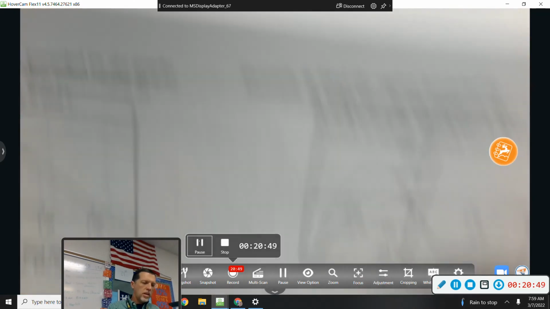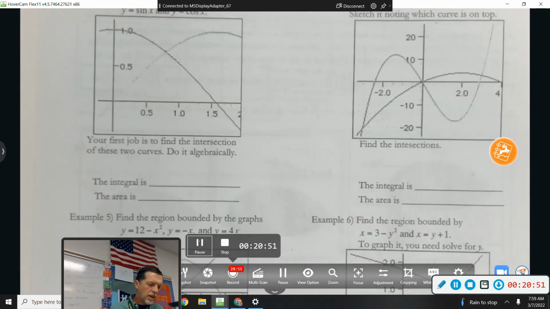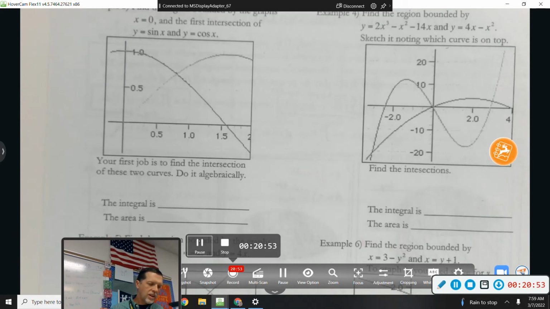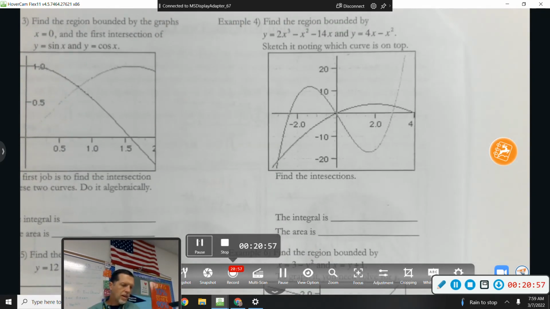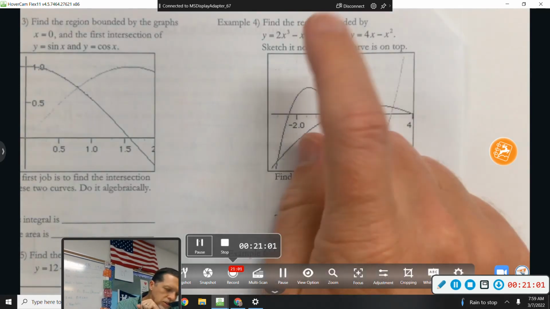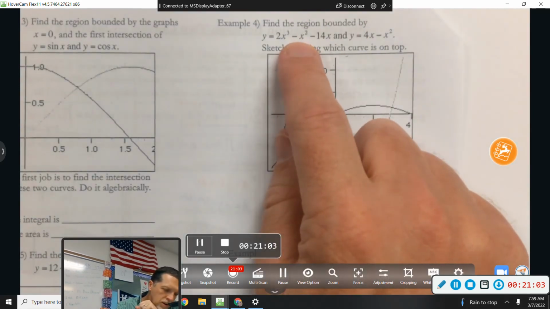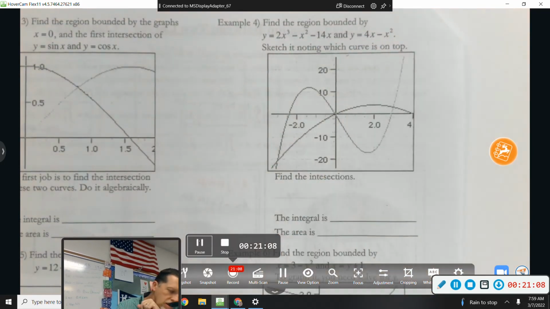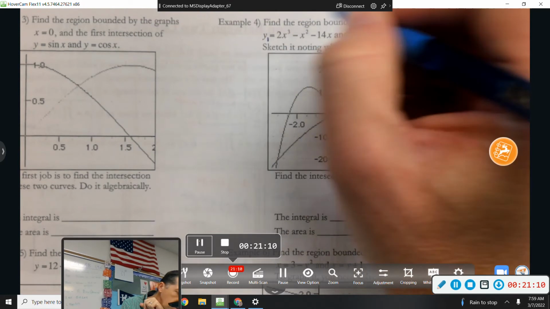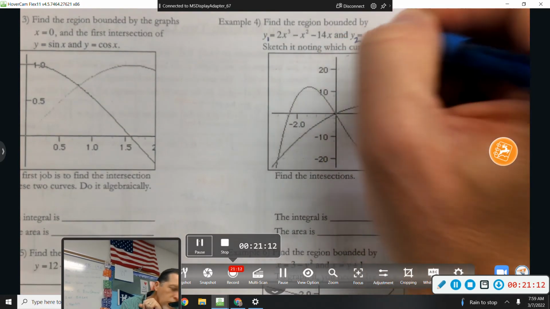We can skip example 3. It's pretty similar to what we just did. Example 4 is a little bit something different in there. Find the region bounded by y equals 2x cubed and y equals something with an x squared. So again, I'm going to label them y1 and y2 so I can put them in my calculator.